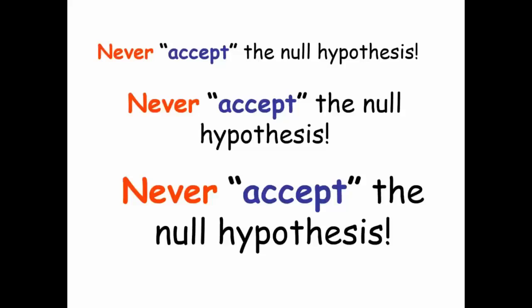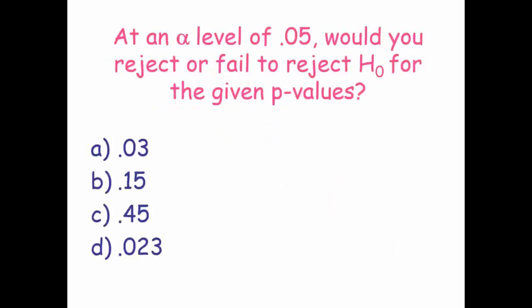Alright, so let's go through some practice statements and see if we got the big idea here. At an alpha of 0.05, would we reject or fail to reject the following null statements based on the given p-values? So if I got a p-value of 0.03, would I reject or fail to reject? 0.03 is less than 0.05, so we reject it.